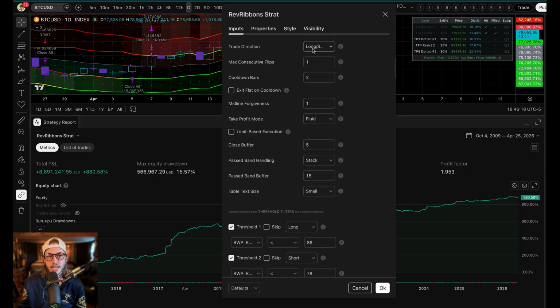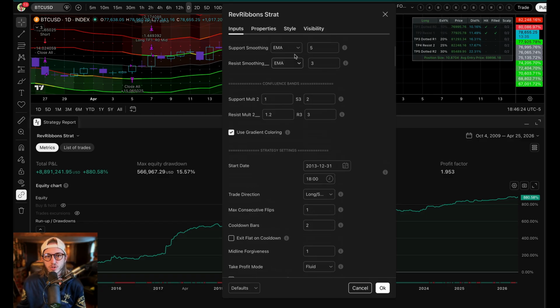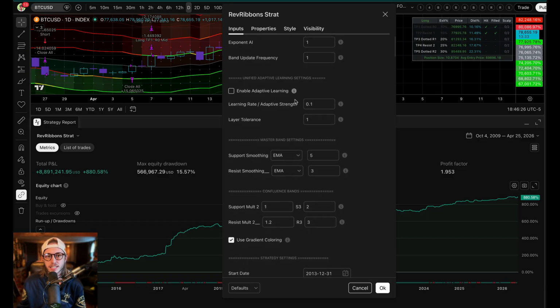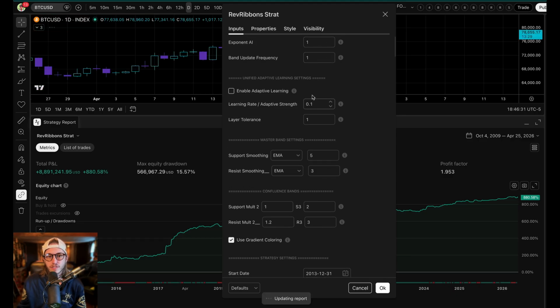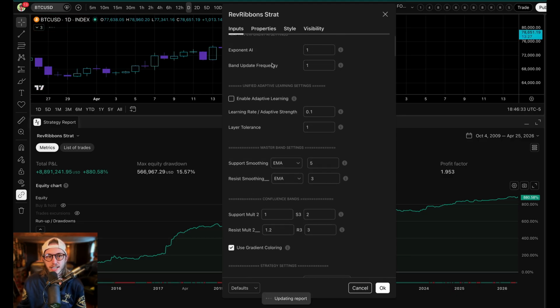The next thing to look at is long versus short. If I'm wanting to go long and short, I will leave this on long and short while I'm adjusting the ribbon settings here, because most of the settings do adjust both. The exponent AI adjusts both.